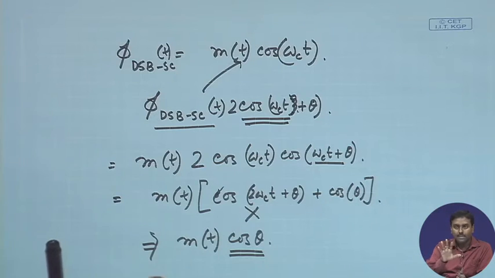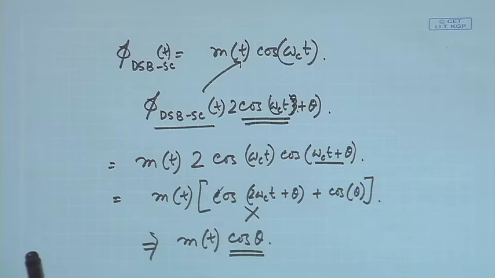So, the pattern of the message signal remains the same, it just gets multiplied by a constant term which is cos theta, where theta is the offset. The problem with this is, what is the maximum value of cos theta? That is 1, but I have a chance of getting 0 over here. Suppose that theta offset is pi by 2, then I get 0.